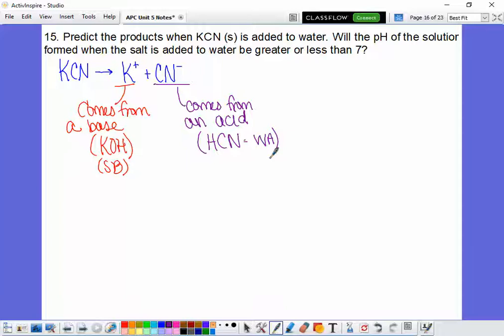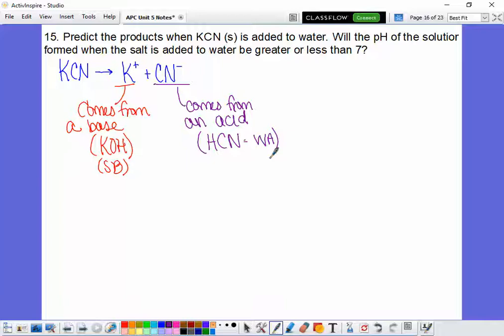There are several different ways to think about what type of salt this is. Not all salts are neutral salts. Some of them have acidic or basic properties. In your guided notes on page 18, if you have your guided notes with you, it tells you the different combinations of types of acids and bases.